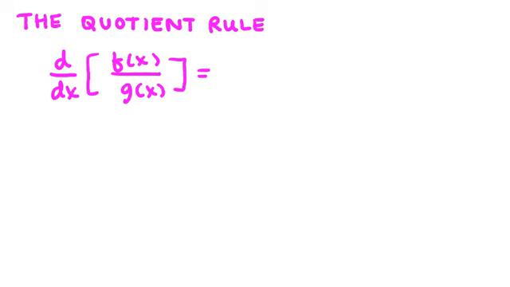All right, so the derivative of the quotient is the bottom times the derivative of the top. Now notice I am not writing these in terms of g and f, because if you commit this to memory in terms of f and g, you're going to get tricked when inevitably we ask you about the derivative of g divided by f. All of a sudden it's like, what's the top, what's the bottom?